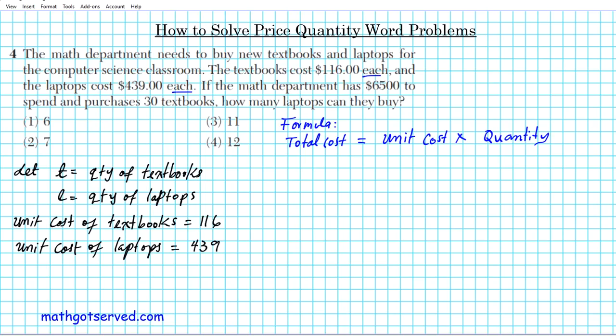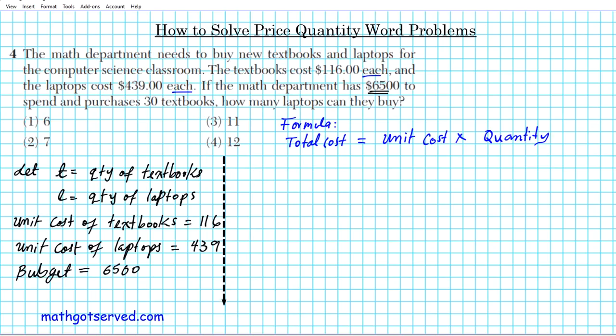So we have all the information that we need to generate the equation. One last thing to note is the total amount spent. Oh, 6,500. So the budget or total is equal to 6,500.